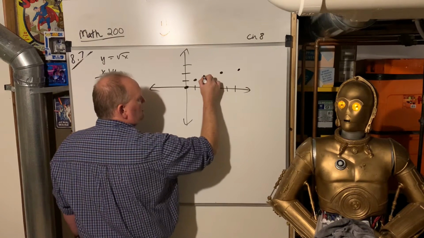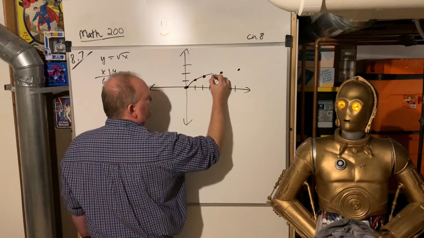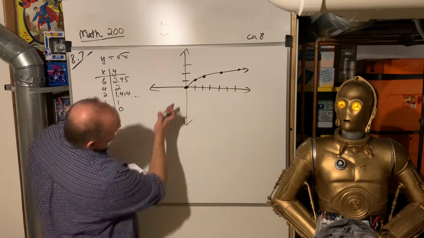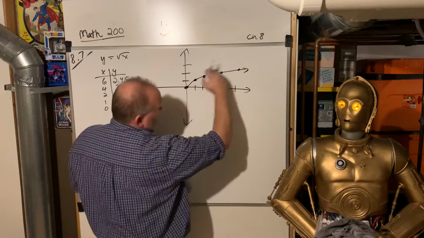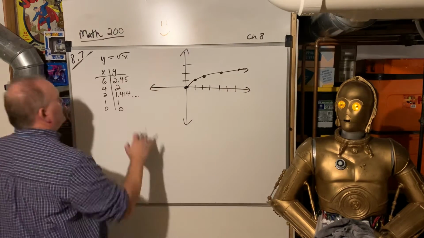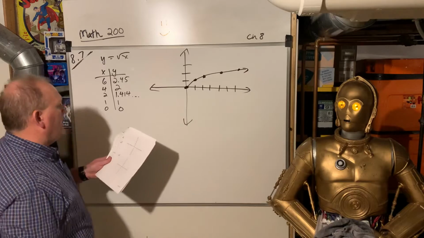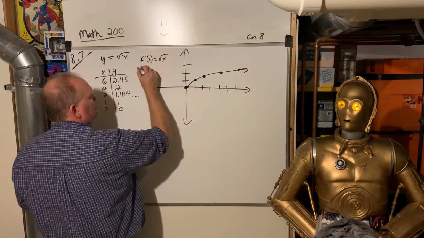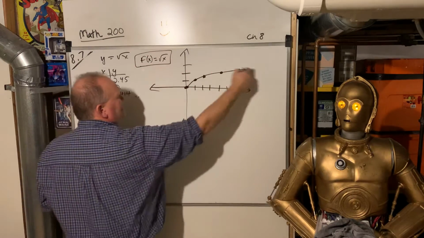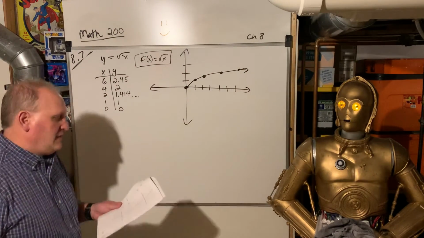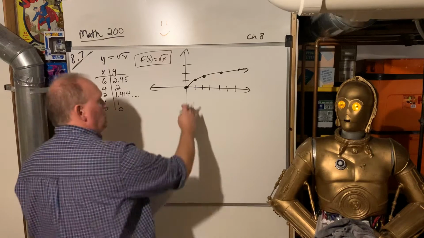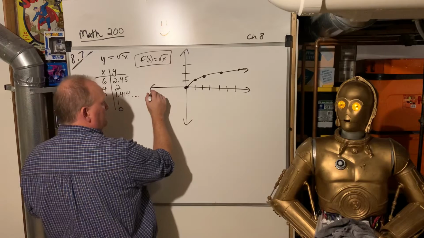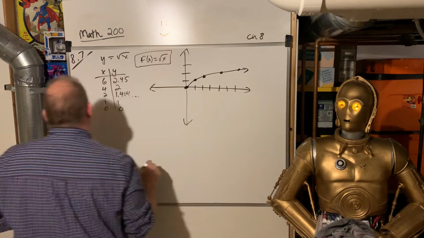Somewhere like that. And so when you look at this graph, it's sort of like half of a parabola. If you tip your head to the side, it's half of a parabola tipped on its side. And so if we write it as a function, we would say f of x is equal to the square root of x. All right? And that would be the function. Okay? Because it's a square root, there's no negative numbers, and there's no negative x's, it's not real. So it starts at 0, 0.